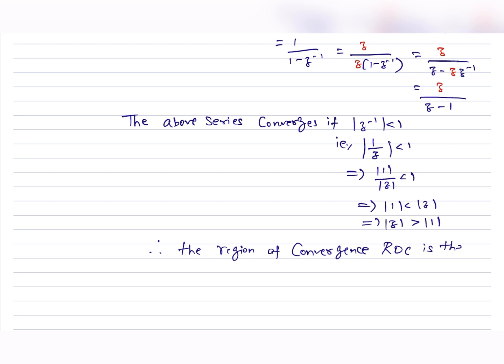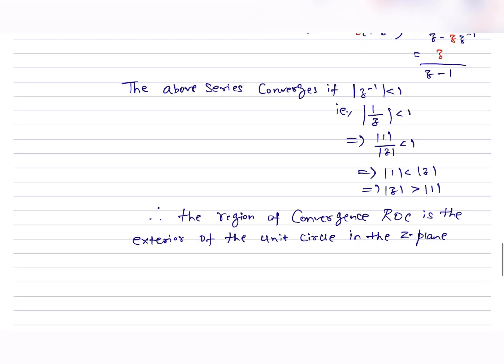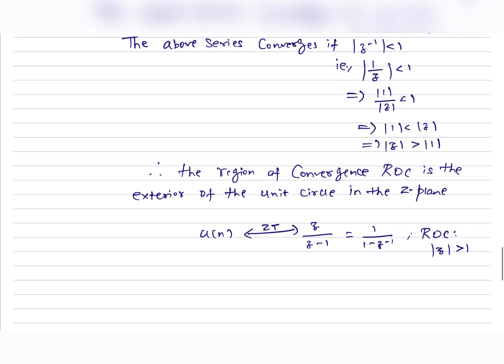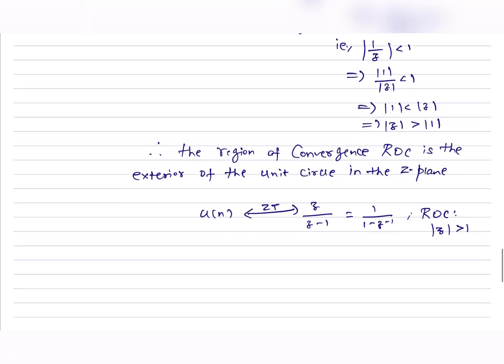Therefore the region of convergence, or ROC, is the exterior of the unit circle, because when you take mod z greater than 1, the outer part of this circle will be the region of convergence in the z plane. Therefore the z transform of u of n is 1 by 1 minus z inverse, or otherwise z by z minus 1. Therefore the ROC is mod z greater than 1.